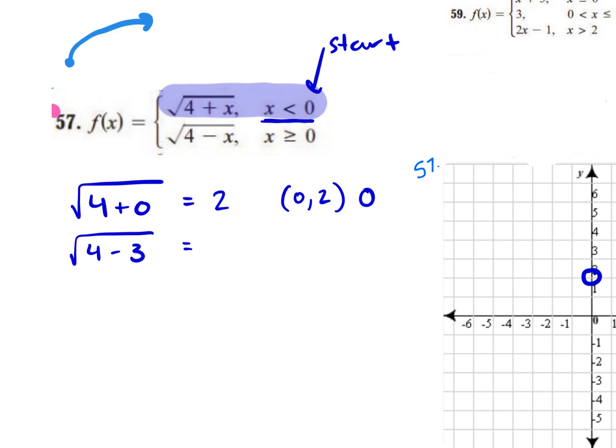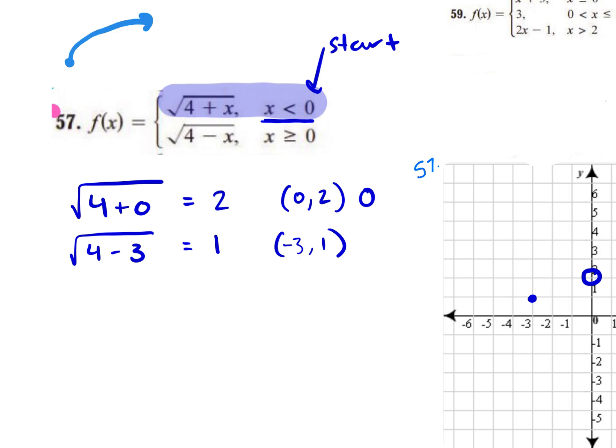So we're going in the right direction. So it has to satisfy our inequality here. 4 minus 3 would be 1, and the square root of 1 is 1. So what would our point be here? -3, 1. Perfect. So I'm going to go to the left 3 and up 1.